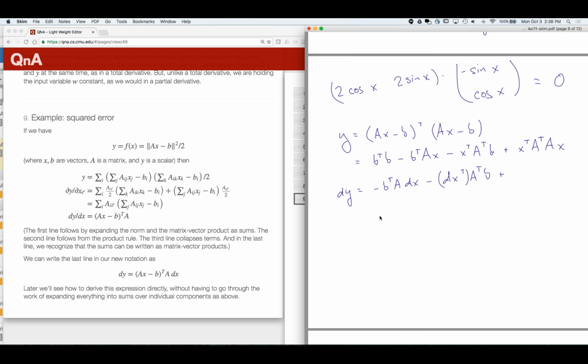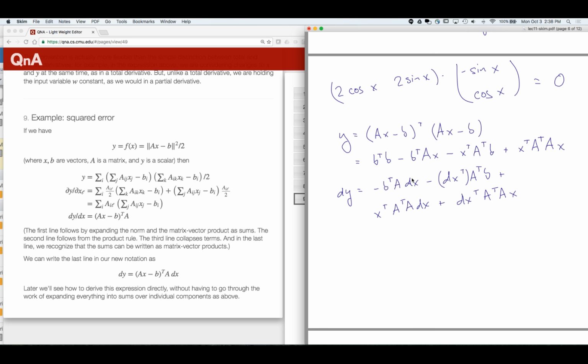So we'll get x transpose A transpose A dx plus dx transpose A transpose A x. All right, and now we're basically done, right? So what we've done is we've used some rules that I will tell you about next time to push the derivative over x inwards.